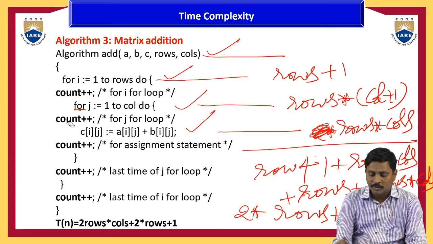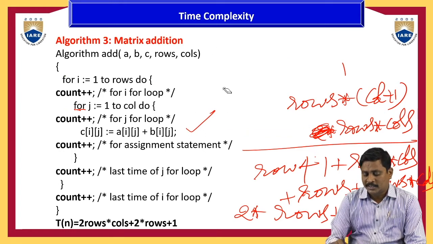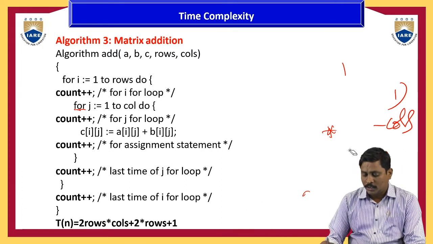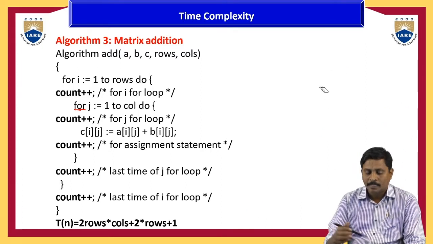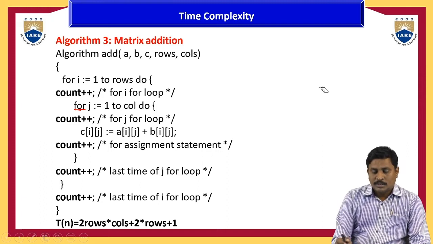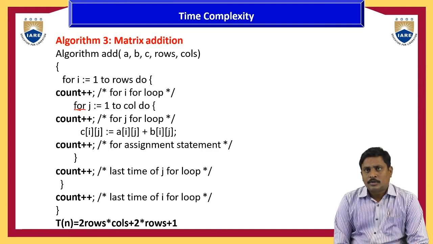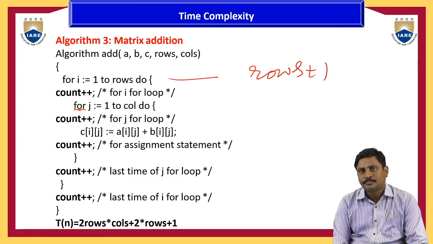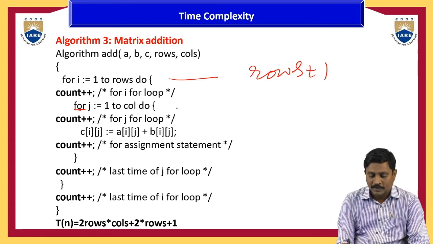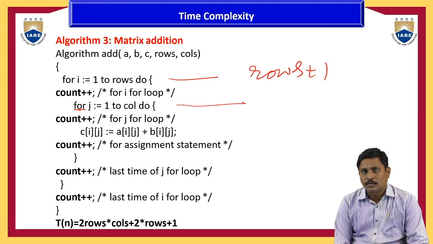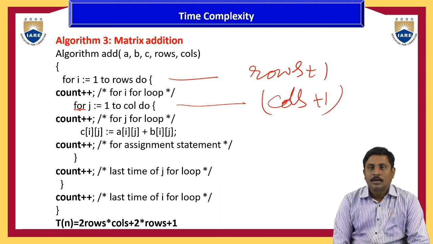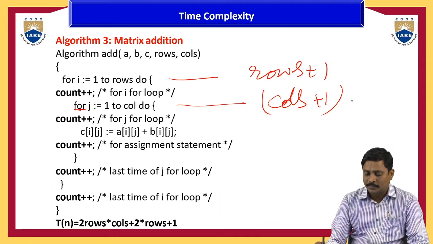Even using the step count method, we calculate this time complexity and we get the same result. Once again, listen to how to calculate the time complexity of this algorithm. This ending of the algorithm takes 0 step counts. This for loop repeats rows plus 1 times. Next, the for loop for j equal to 1 to columns takes columns plus 1 times, and since it is under the first for loop, it repeats rows times.